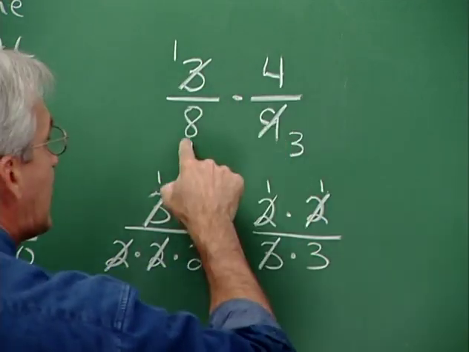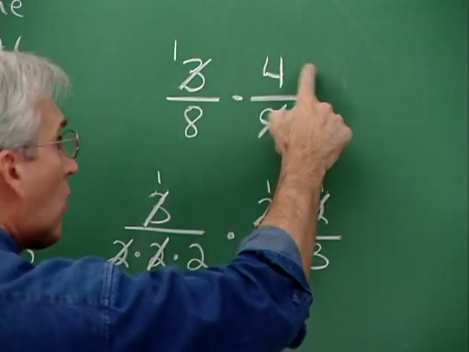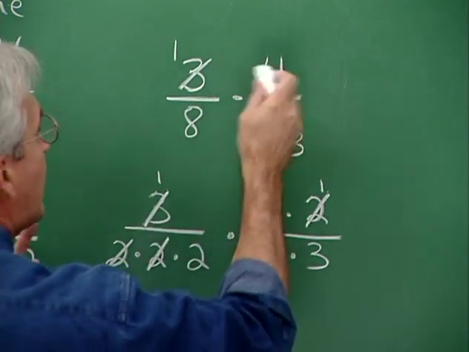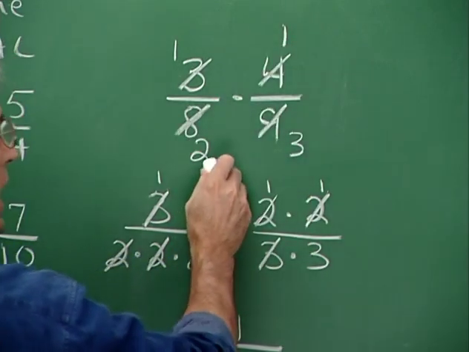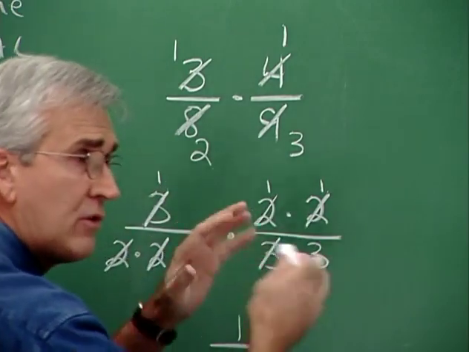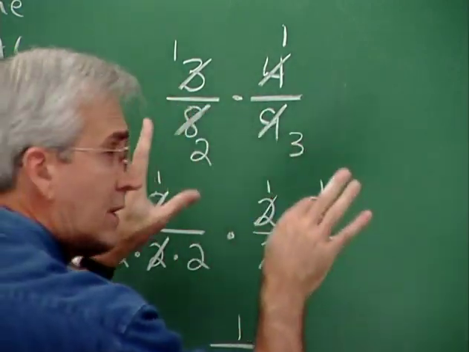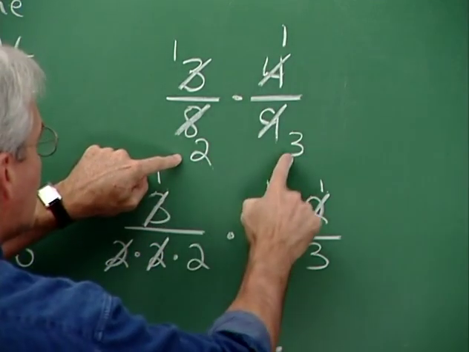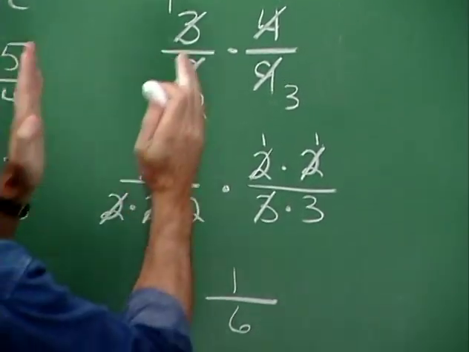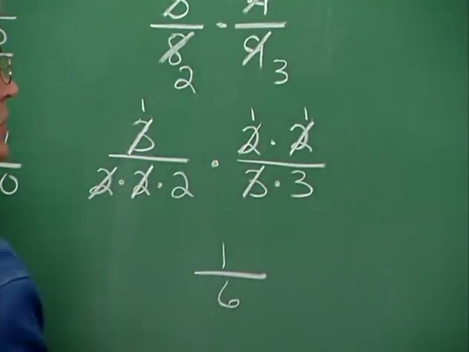And then the 4 and the 8. 8 is a multiple of 4, so 4 divides 8 evenly. So we say 4 into 4 goes 1, 4 into 8 goes 2. And now multiply the leftover factors as the smoke clears on all of this cancellation. So we have 1 times 1 is 1, and then 2 times 3, 6. So this is really the fastest way to approach the situation.